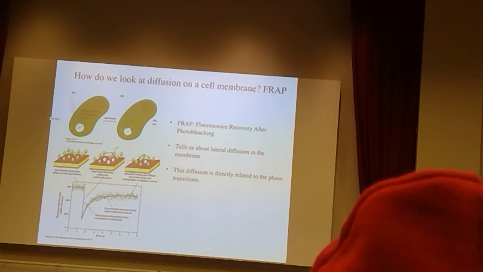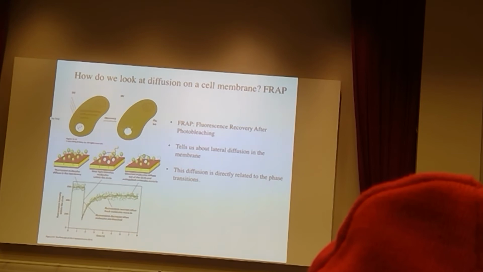It's a technique called photobleaching, and essentially switches off the fluorescence response of those dyes. It leaves a hole in that cell membrane where there's no fluorescence due to that laser zapping. And now we just see what happens to the fluorescence in that spot.